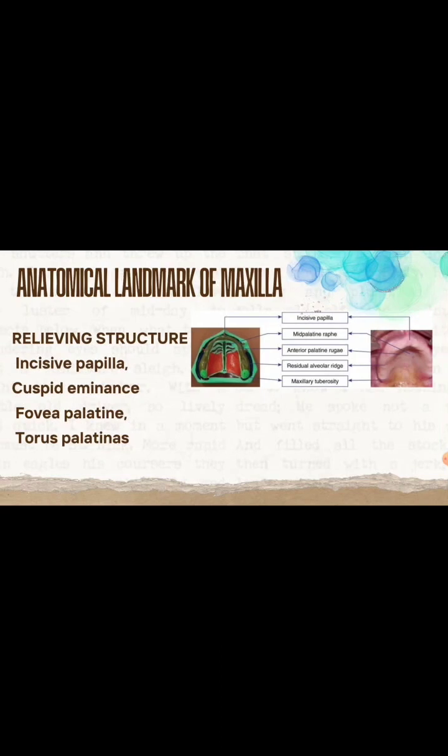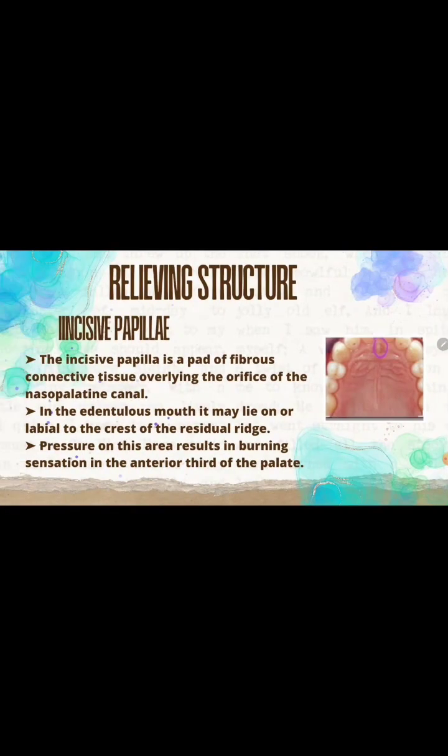Relieving structures are the incisive papilla, cuspid eminence, fovea palatine, and torus palatinus. Incisive papilla is a pad of fibrous connective tissue overlying the orifice of the nasopalatine canal.